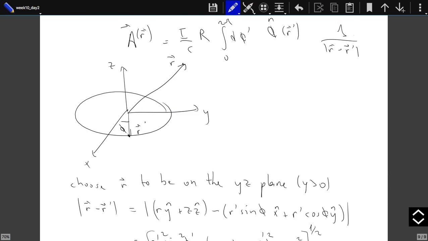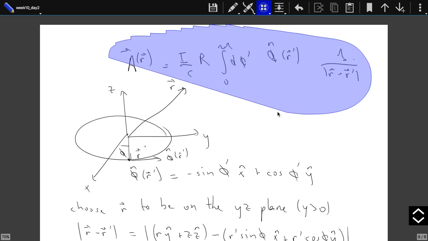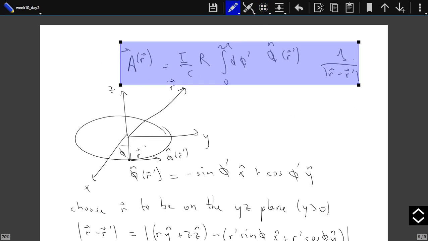You see, at this point, phi hat at the point r prime will be this vector over here, which will be minus sine phi in the x hat direction plus cosine phi in the y hat direction, phi prime. This is my phi hat vector. So let's just put it in the expression of our vector potential.